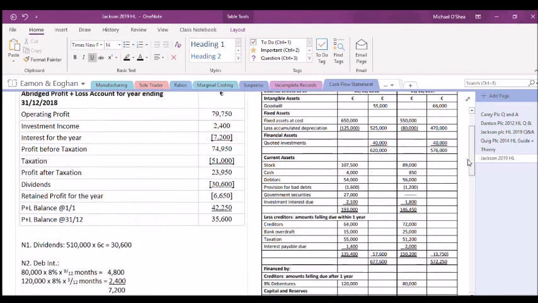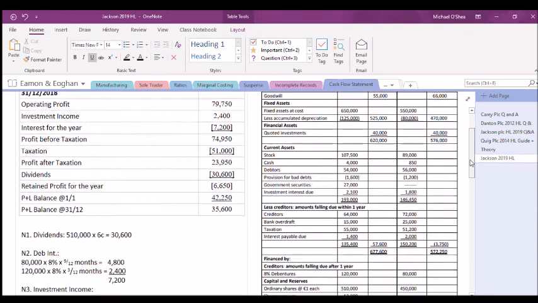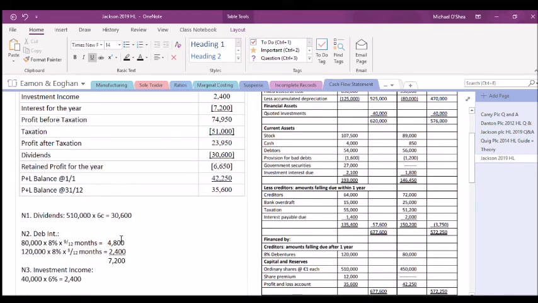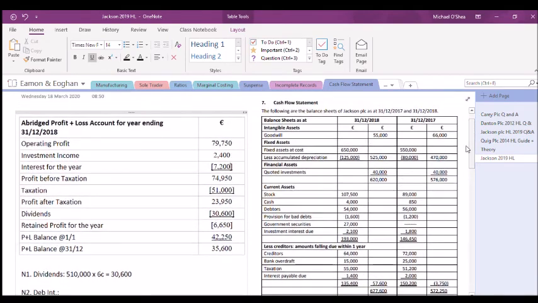As you can see, we didn't have to do too much here. We only had to do 3 notes. And there were other parts of this where we were basically just taking figures from the question. So the only difficulty here is in making sure that you add and subtract correctly, and also that you know the format. This has to be in the format that's given.